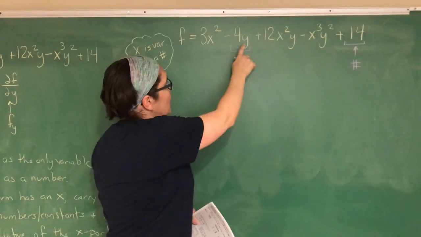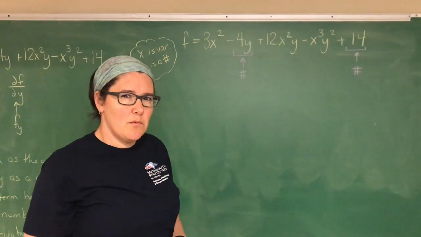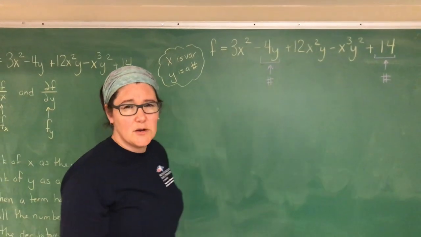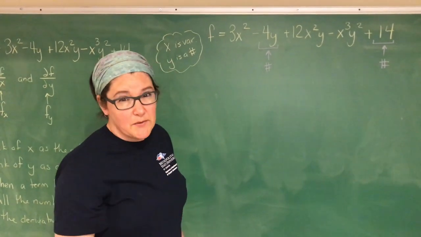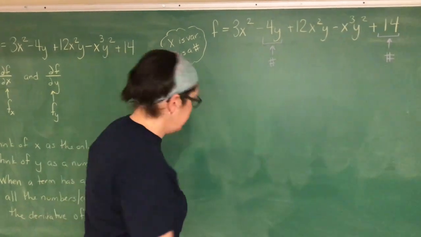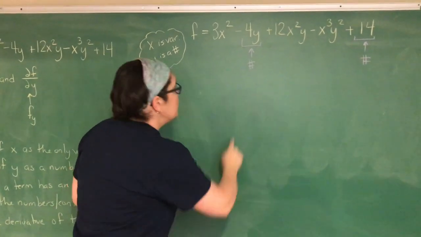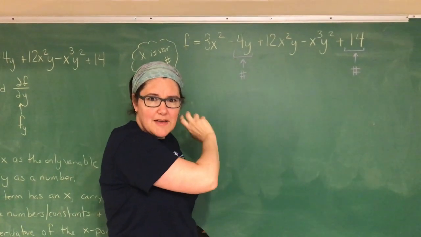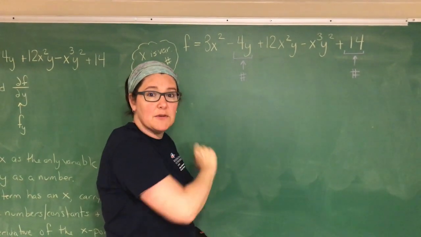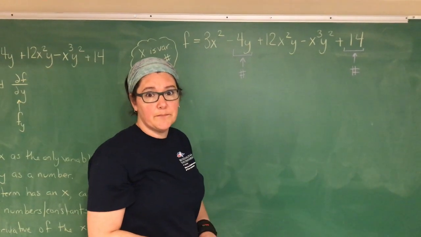So even though there's a y in there, anytime that I see a y, I want to look at that y and say, you know what? You're a number. You're not a letter, you're a number. You're a funny looking number, but you're a number. Okay? So when I take the derivative of 4y, there are no x's in that term. That is just a number sitting by itself, so its derivative will be 0.